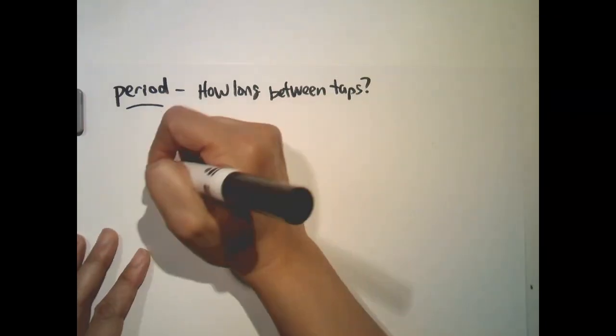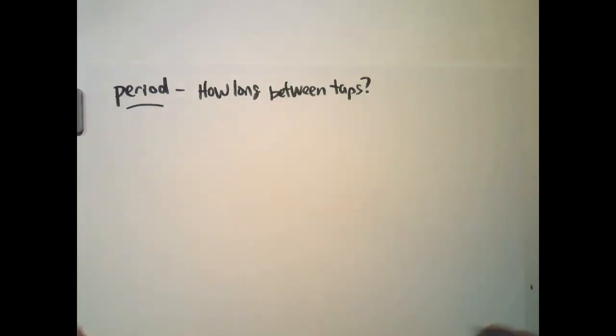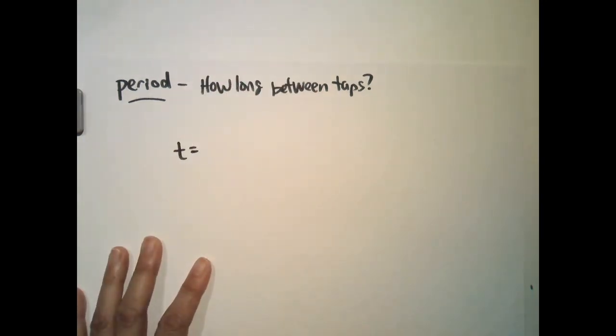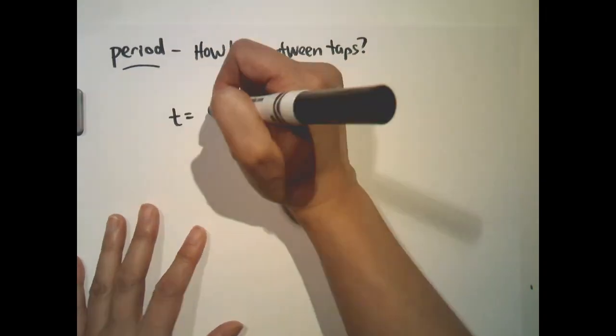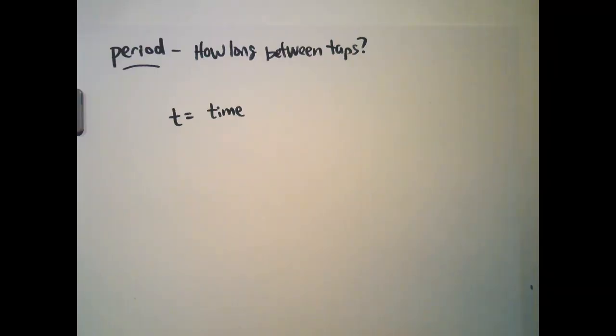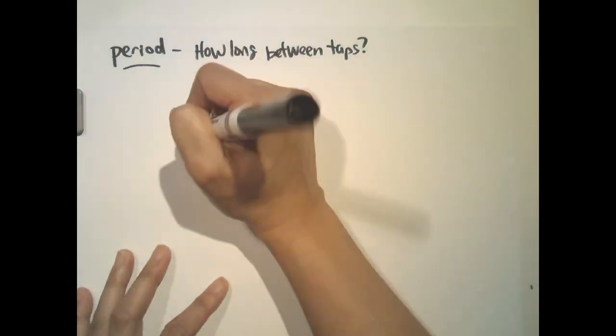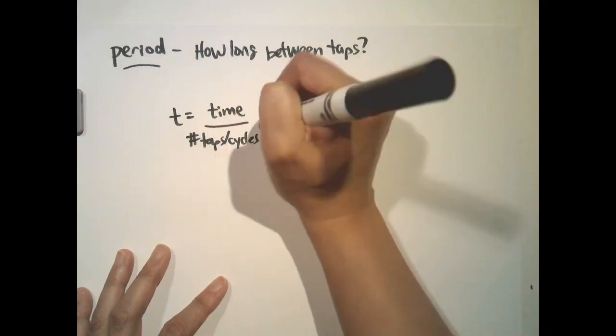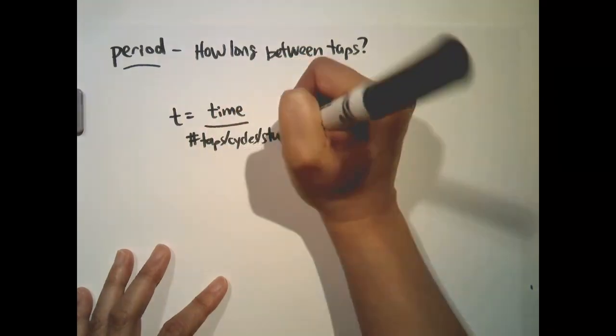Okay, so period, because it is a time, because you're trying to describe how long something takes, we have T, for example, for period, and that is going to be the amount of time the item that you are timing takes, divided by, again, the number of taps or cycles or stuff that is repeating.